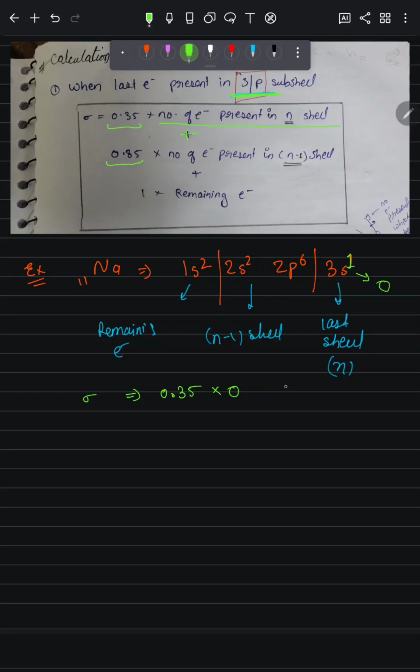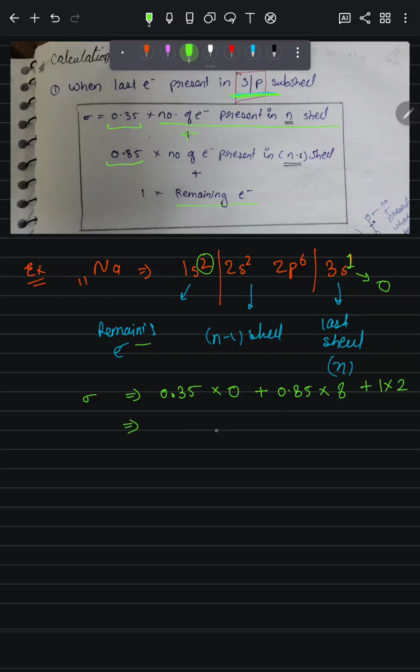So the n value is 0, plus 0.85 into the n-1 shell, which is this and this shell, the total number of electrons here is 6 plus 2, 8, plus 1 into 2 is 2, because 2 is the remaining electrons, and here 1 into the remaining electrons is present.